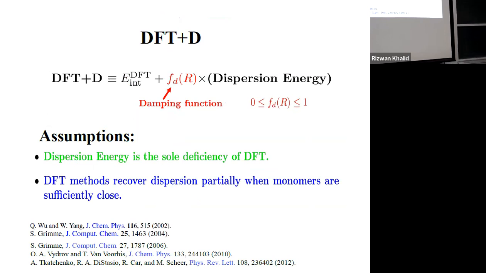These methods assume that dispersion energy, that is, long-range correlation effects, is the only problem of DFT. If you correct DFT for the part of the long-range correlations which it is missing, then you should get the exact results, assuming that the only deficiency in DFT is due to missing long-range correlation effects.